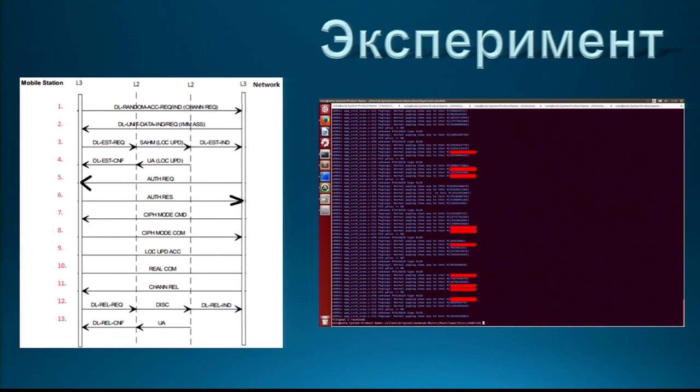It's the ID number for the mobile phone, but only a temporary one, which is given by the network so that the IMSI, the identification number, is not transferred openly. Also, during the authentication, Kc is transferred as a key through which the encryption of the traffic happens.